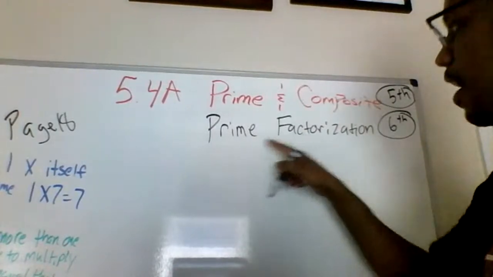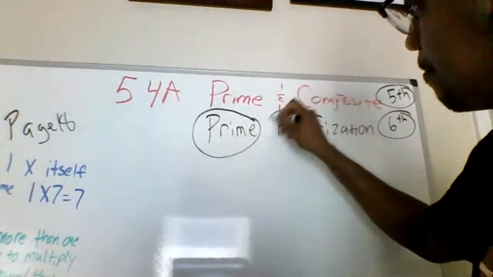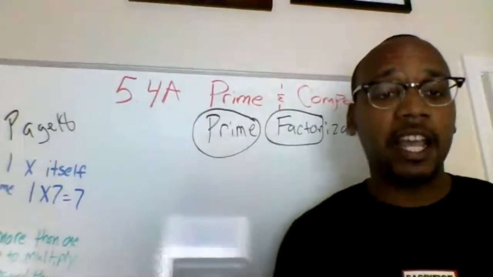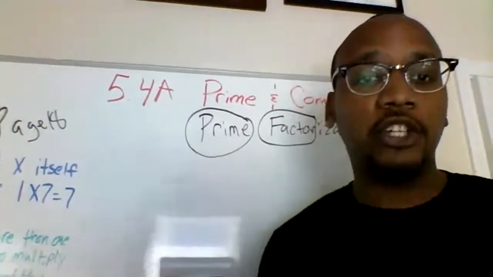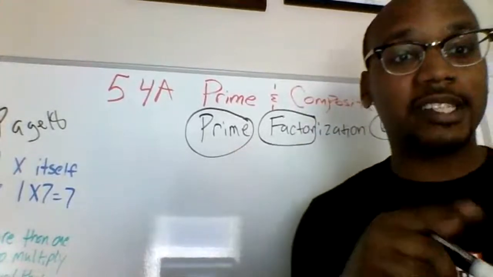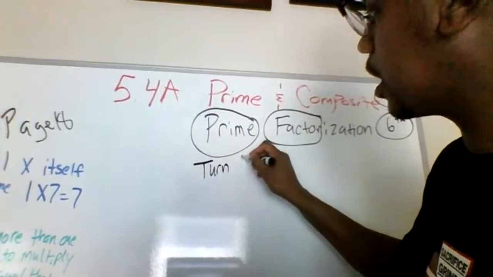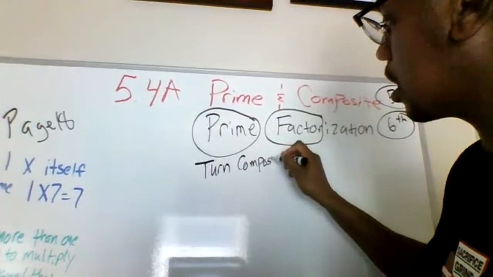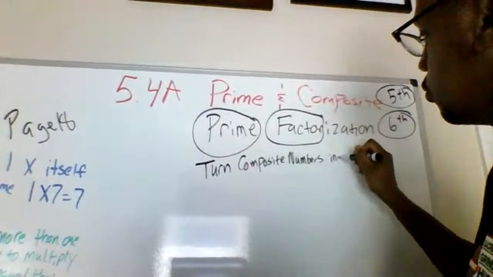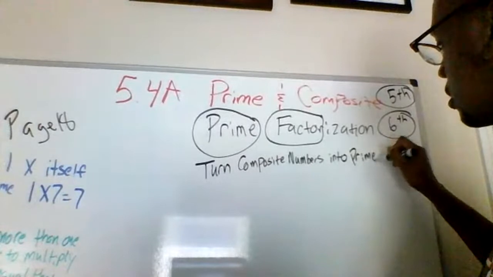All right. Prime factorization. The key is prime factors. Right? So I've explained this to some of my kids before, but in case you don't remember what I said, prime factorization that you're going to do in 6th grade, it's when you turn composite numbers into prime factors.